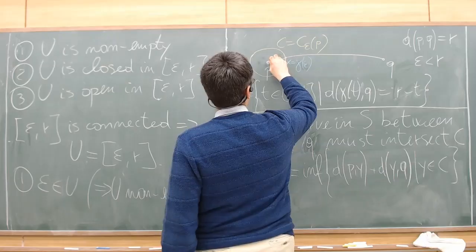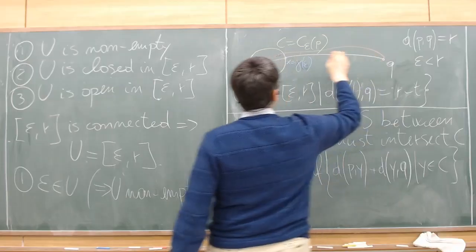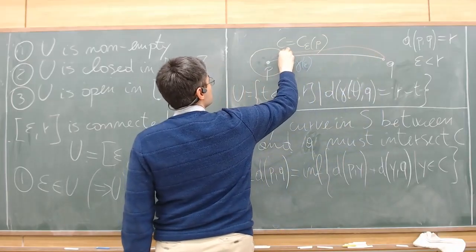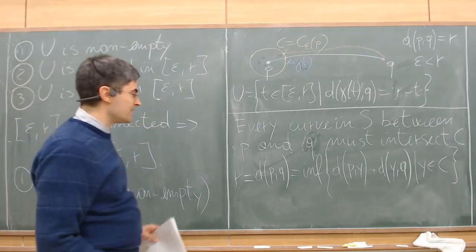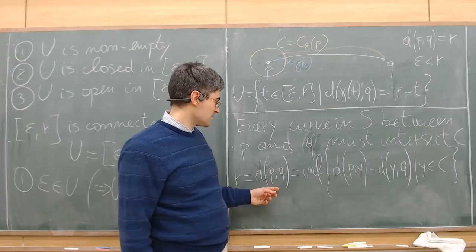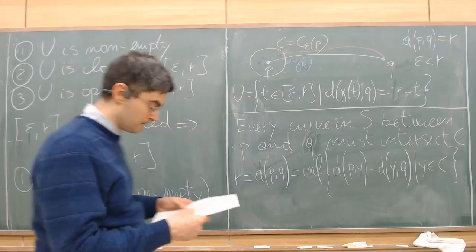For example, in this case, Y is this point here. And I'm saying that the intrinsic distance between P and Q is the infimum of this sum.